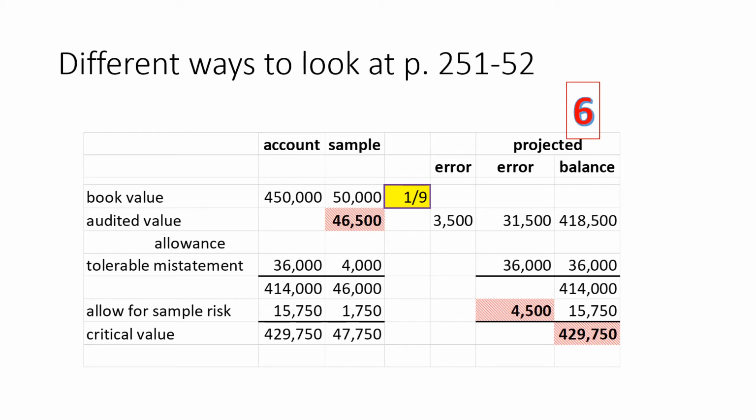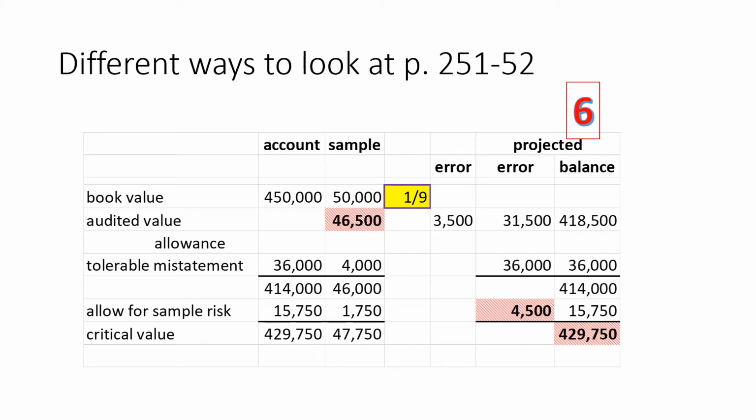I can get the same thing just by taking my 46.5 sample result and multiplying it by what? By 9. And I believe if I take 46,500 and multiply it by 9, lo and behold, I get 418.5.